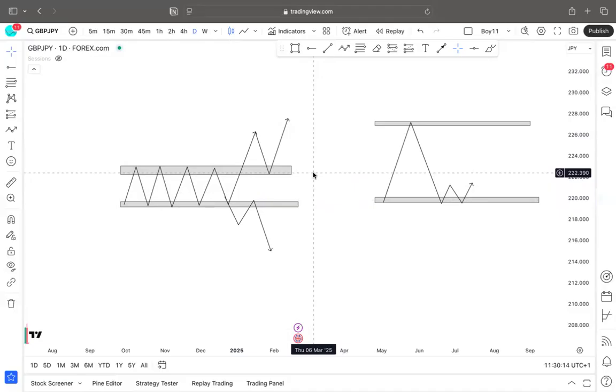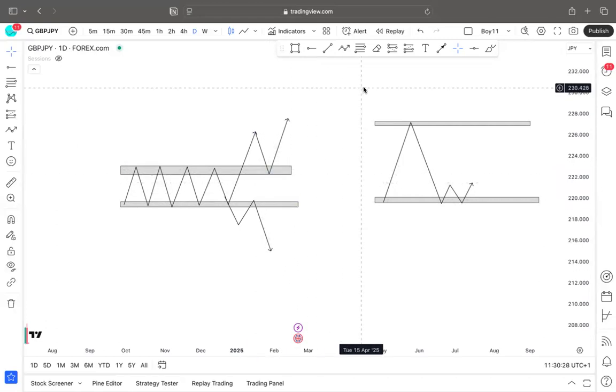I always tell any newbie trader or anyone coming into the forex market that the higher the time frame, the stronger your support and resistance level. Most traders will want to go into the 15 minute time frame to start looking for major swing highs and lows, which are support and resistance levels.